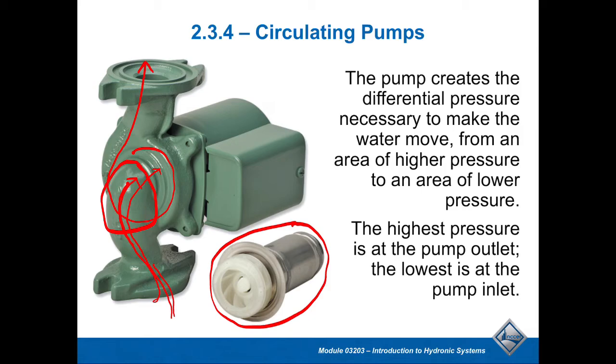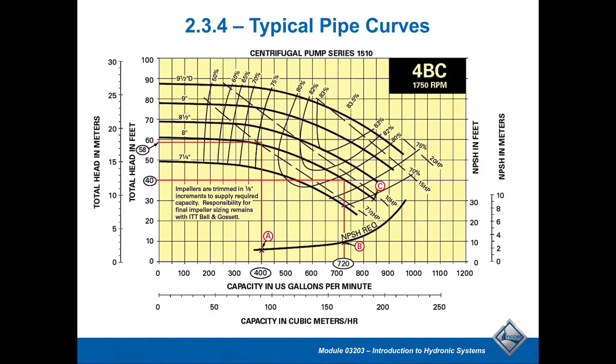Most of these little circulators are what we consider a wet rotor pump, where they use the water or the fluid in the system to act as a lubricant for the pump. A lot of these will have a ceramic bearing that relies on the water or the fluid in the system to be the lubricant. Running them dry does not do very well at all. So that's one thing to remember.